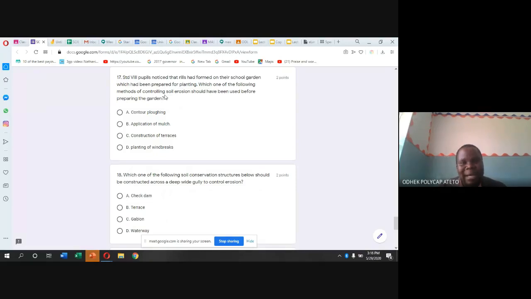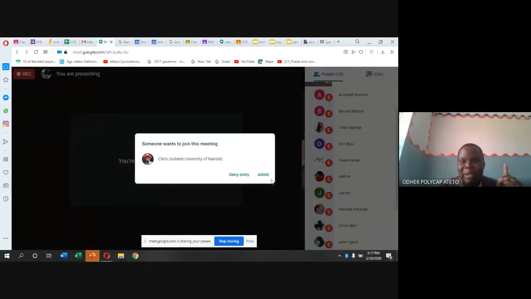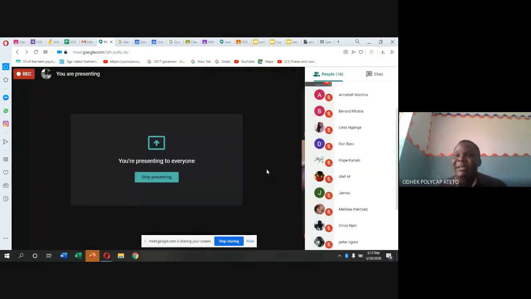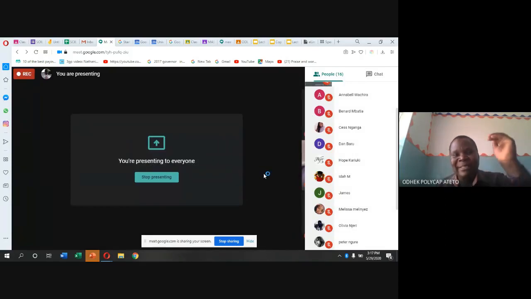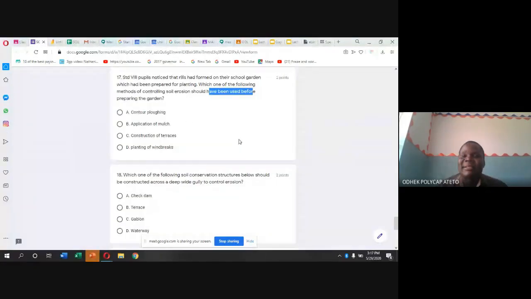Which one of the following methods of controlling soil erosion should have been used? We are not controlling rill erosion that has already taken place. The question is asking what should have been done before so that the rill erosion would not have occurred. That's what the question is asking. Are you getting what I'm saying now?